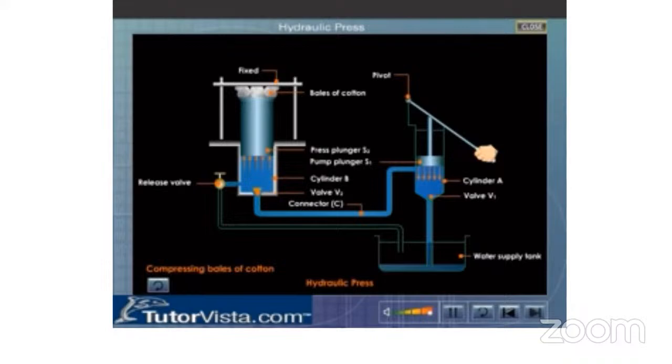By using that principle, they have constructed this type of very simple hydraulic circuit, and by applying only 1 kg of load, you are lifting a 50 kg load. This is the benefit of Pascal's law, and on that principle, our hydraulic machine is working.